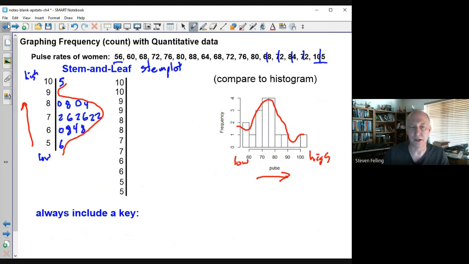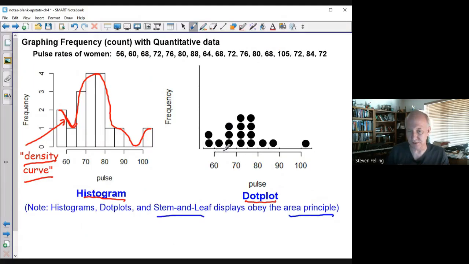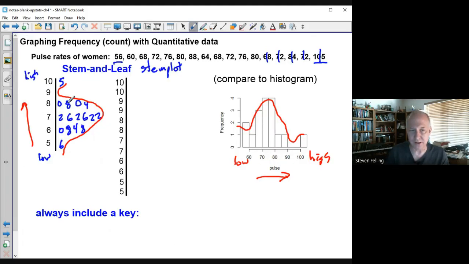Like if I look at this data, I know that there's some data here between 60 and 65, let's say, but I really don't know if this dot is 61, 62, 63, 64, or 65, right? But if I have a particular number over here, like this 8, I know this 8 is specifically the data 88. So from a stem and leaf plot, you can actually recreate the original data set if you need to.